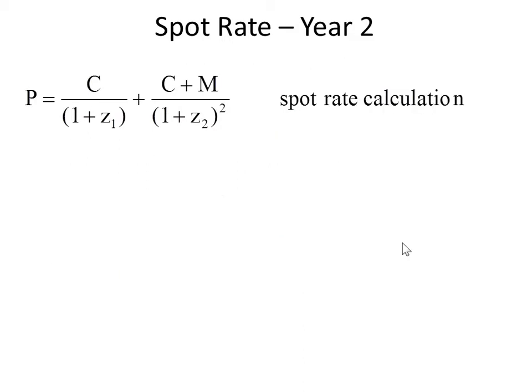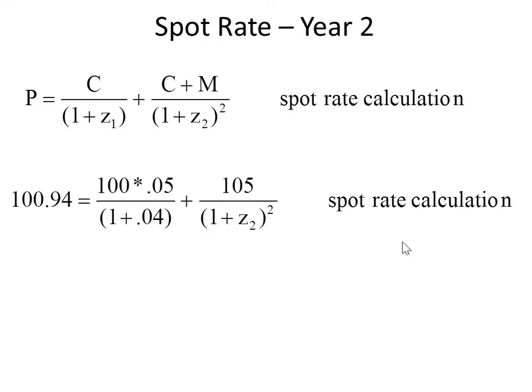Our spot rate for year 2 begins with our spot rate formula for year 2. You see that listed here. We have 1 payment, our coupon payment in year 1, and our coupon payment plus our par value back in year 2. We again know everything in this equation. 100.94 is our bond price. Our coupon payment is 100 times 5%, or $5.